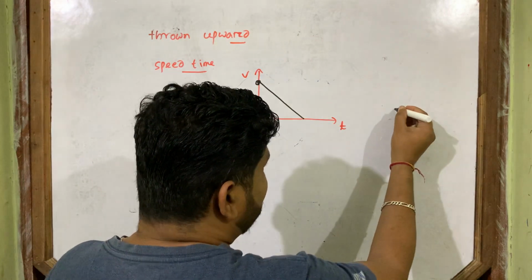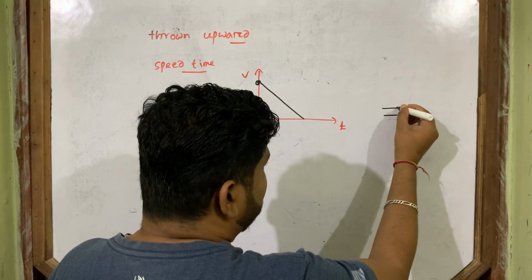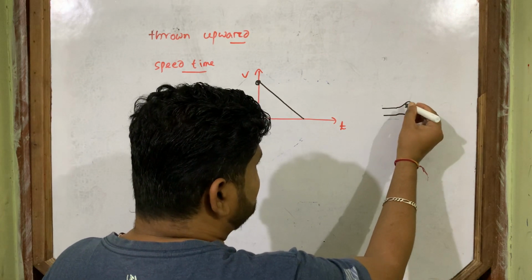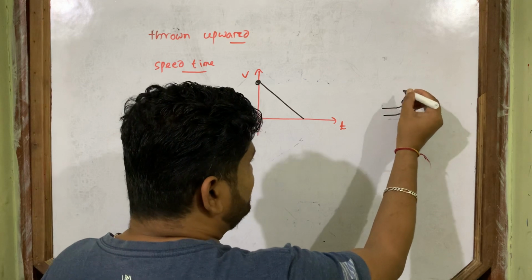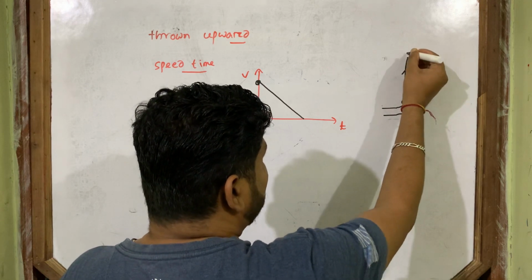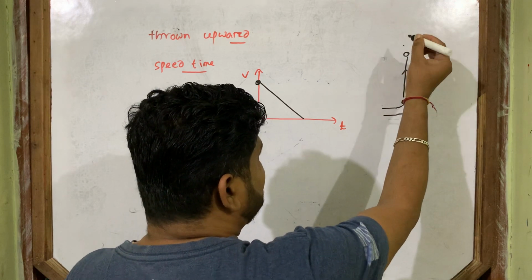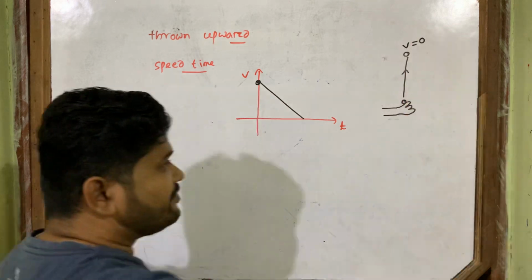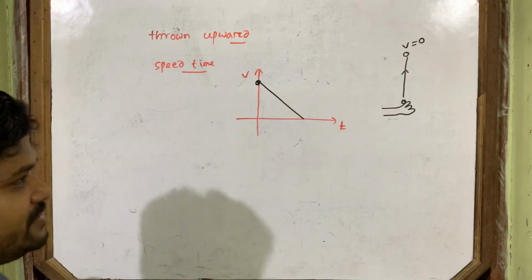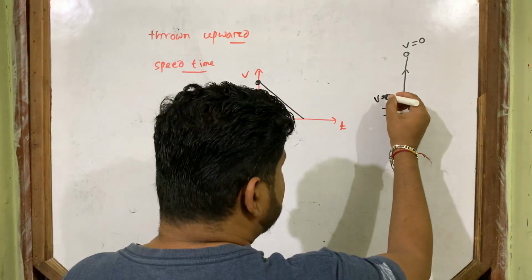Speed decreases and becomes 0. Suppose somebody throws from here. I am making a hand of a person. Throw something. When thrown, it goes up, and here the final speed becomes 0, and here V is maximum.